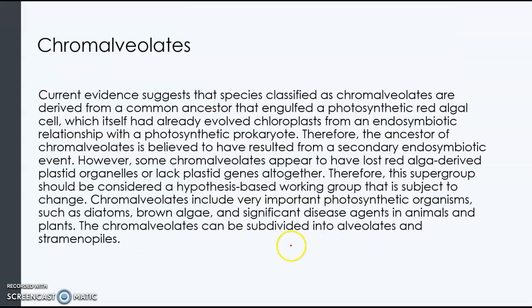Then we have the Alveolates. So now this is a new supergroup. So we did the supergroup Excavata. Now we're doing the supergroup Alveolates. And the chromalveolates are divided into two subgroups, the alveolates and the straminopiles.